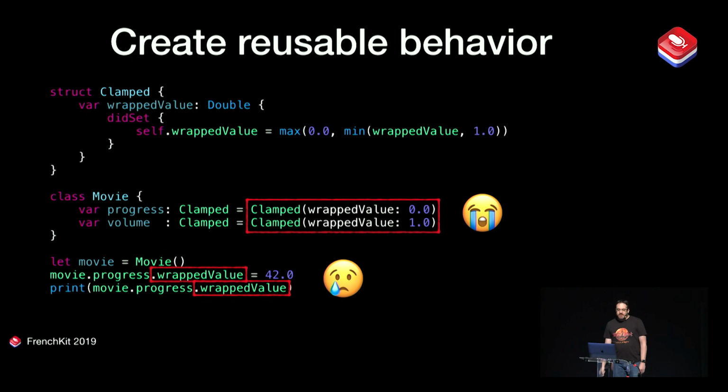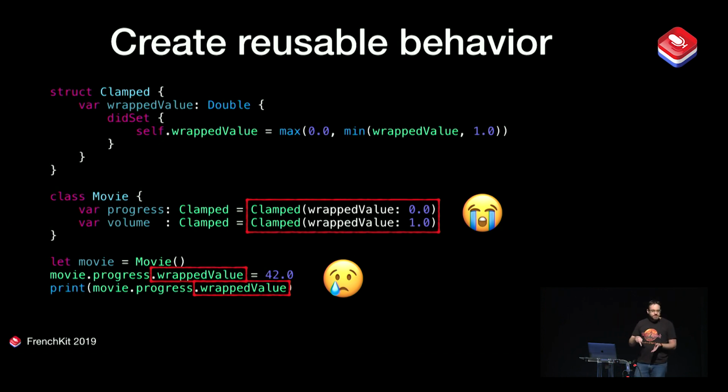So it's nice because it adds semantics to your code. The API is clear now that it's a Clamped value. But what's not so nice is that at call site now, you have to access this .wrappedValue. You have to create an instance of the Clamped struct that you created.